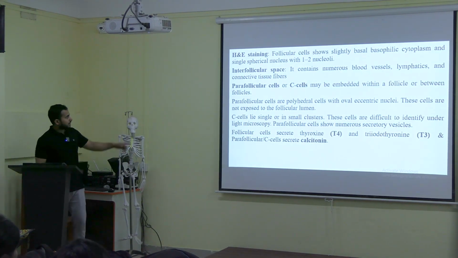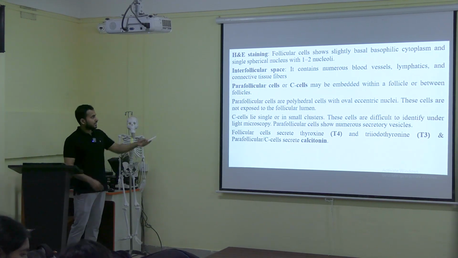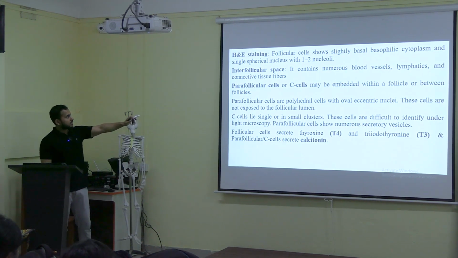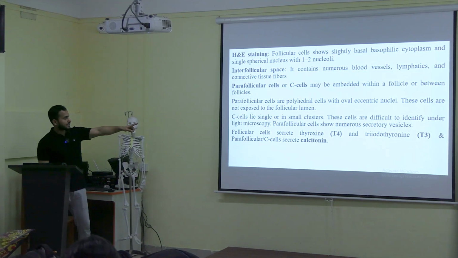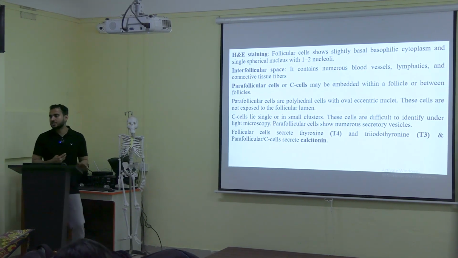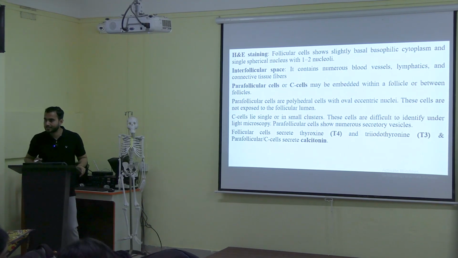So here you can see parafollicular cells. First of all, they are polyhedral with an oval eccentric nucleus. These cells are embedded within the follicle or in between the follicles. These C cells or parafollicular cells show numerous secretory granules. For identification, they are pale staining, and in case of follicular cells they are darkly stained.